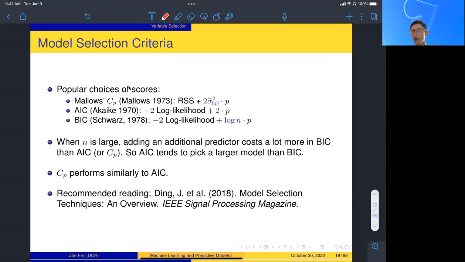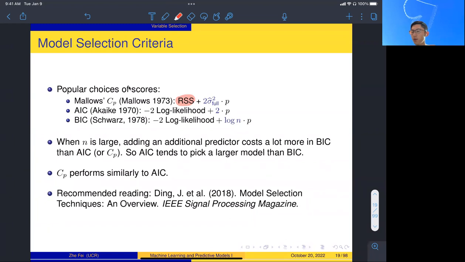AIC and BIC are widely used, and Mallow's Cp is also a similar criterion, but it uses a different loss function, or equivalently, a different goodness of fit measure. For all of these criteria, we see two components. Whether it's the residual sum of squares or the log likelihood, they are all goodness of fit measures.